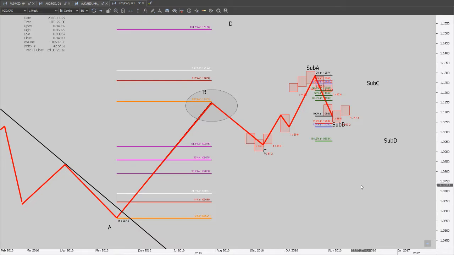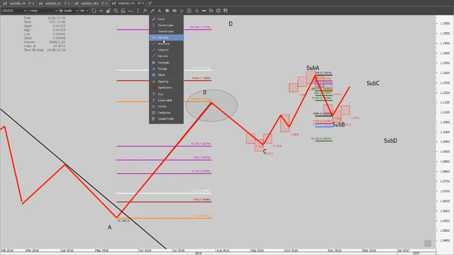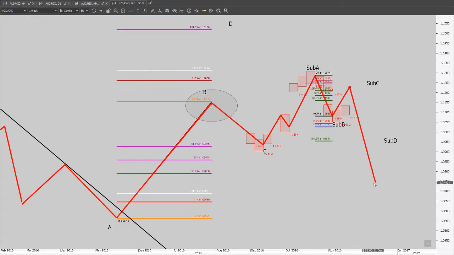Okay, so sub A, sub B, we have new levels, right? We have a new sub A, sub B, we have a new contrarian Fibonacci. Now, 1 or 2 things are going to happen. So maybe the market is going to retrace inside the sub A and sub B boundary and fall further down.